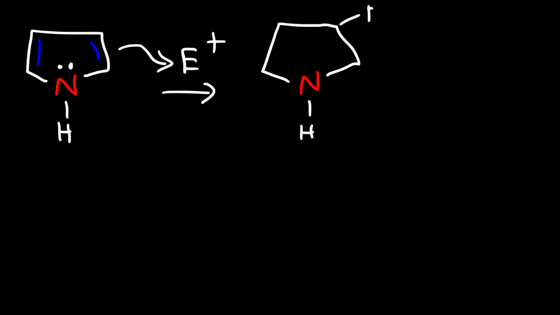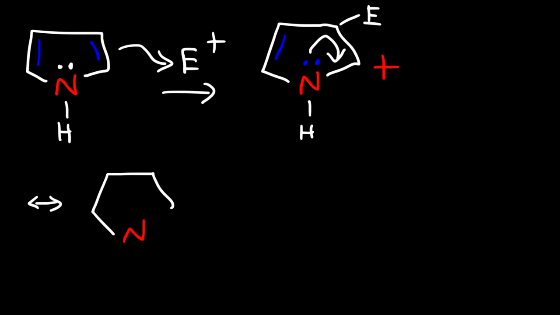So here is the electrophile, which means that the positive charge is now on that carbon, which is adjacent to the nitrogen atom. And so the nitrogen atom can use its lone pair to form a pi bond, or a double bond rather. And so now the positive charge is on the nitrogen atom.